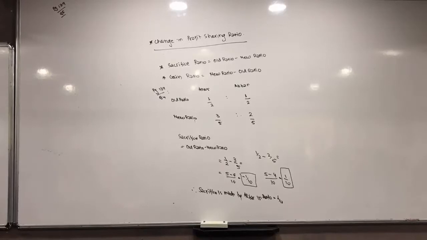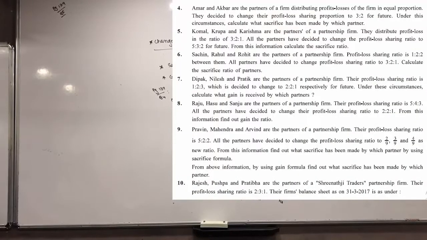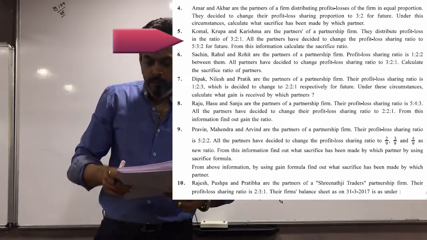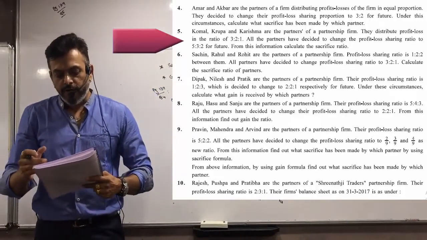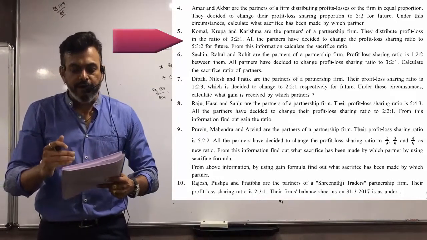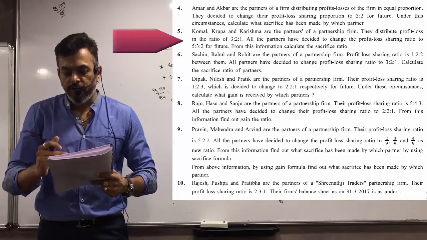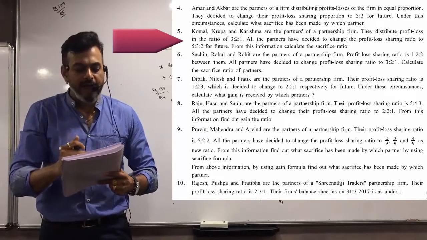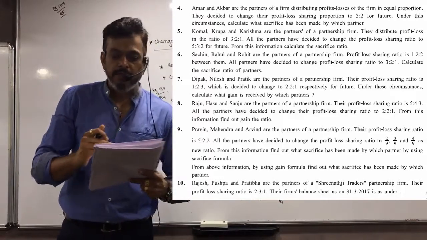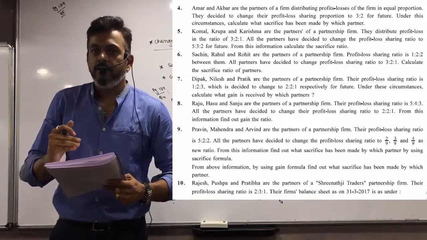Question number 5. Komal, Krupa and Karishma are partners of a partnership firm. They distribute profit loss in the ratio of 3:2:1. All the partners have decided to change the profit loss sharing ratio to 5:3:2 for future. From this information, calculate the sacrifice ratio.